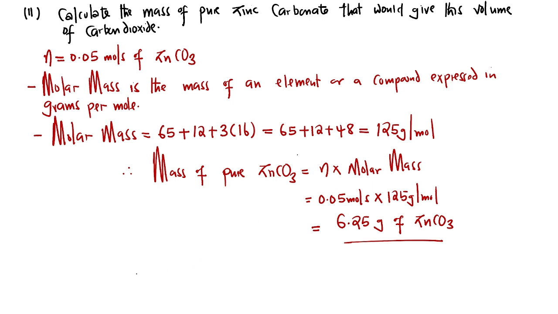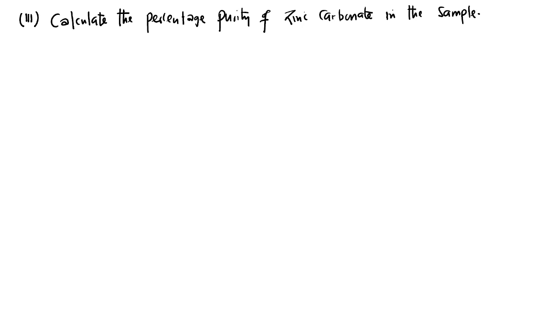Okay, so now that we have the mass of the pure zinc carbonate, we can look at the last part of this question. The last part of this question is saying calculate the percentage purity of zinc carbonate in the sample. So how do we calculate this percentage purity?